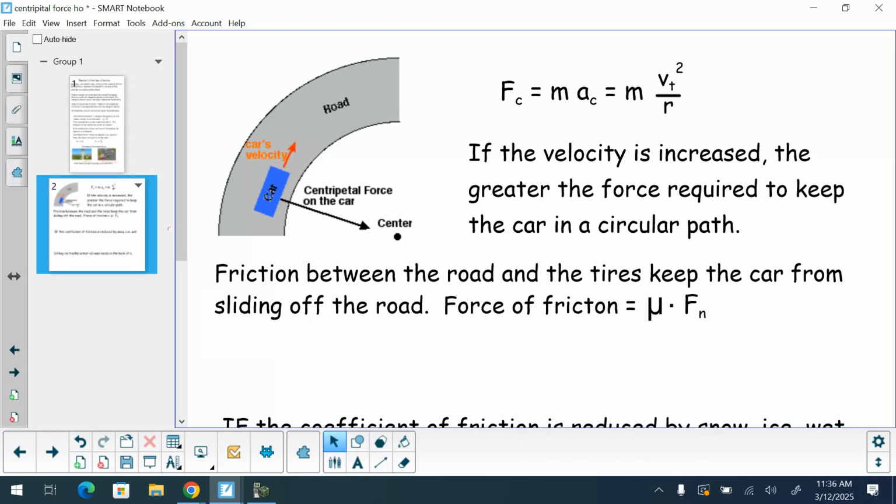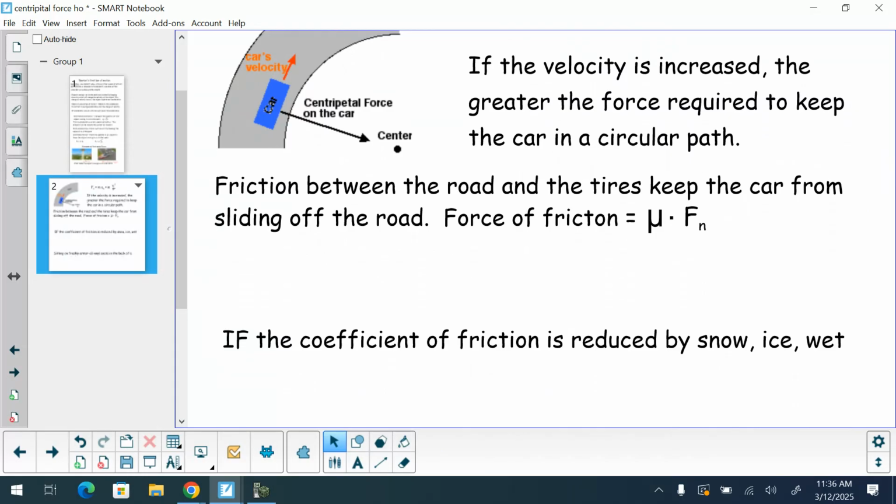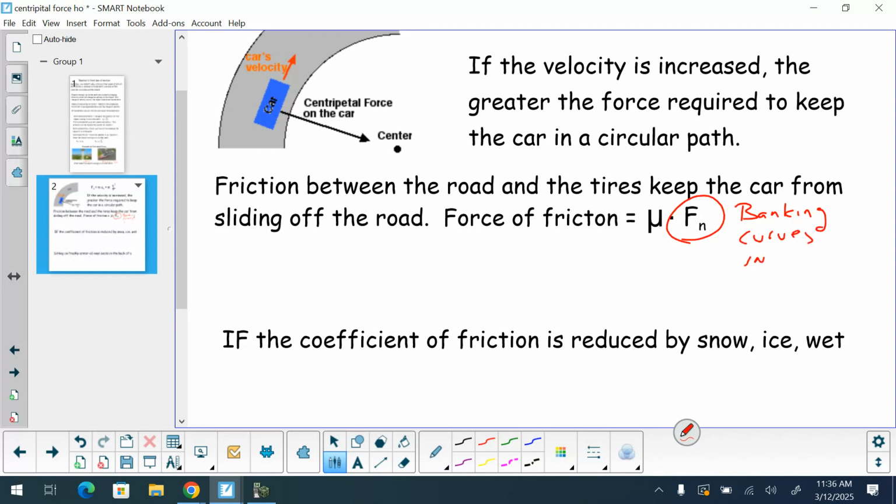Friction between the road and the tires keeps the car from sliding off the road. Your force of friction is mu times force normal. Banking your curves increases your force normal.